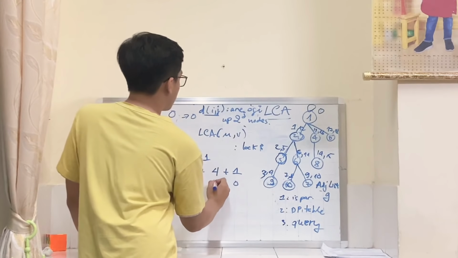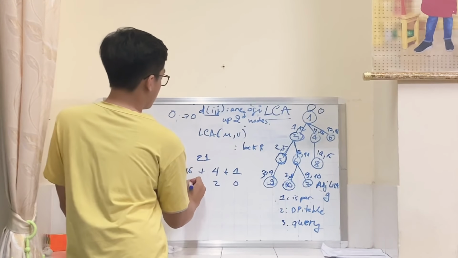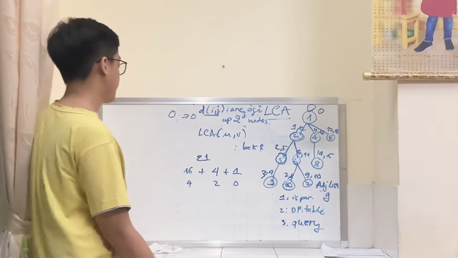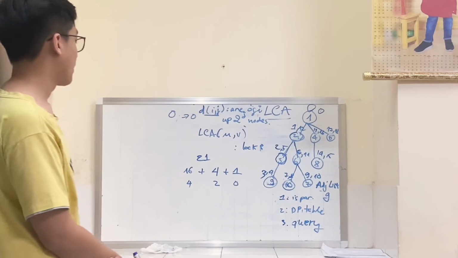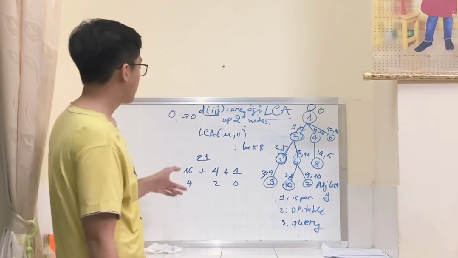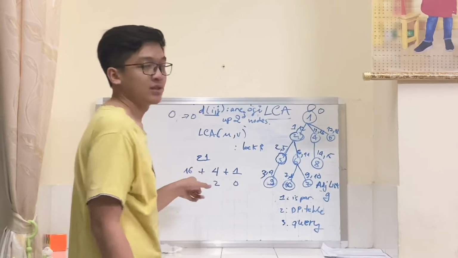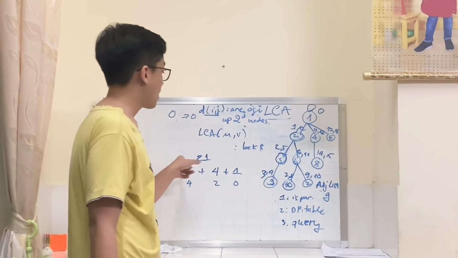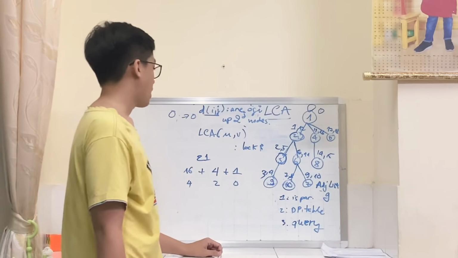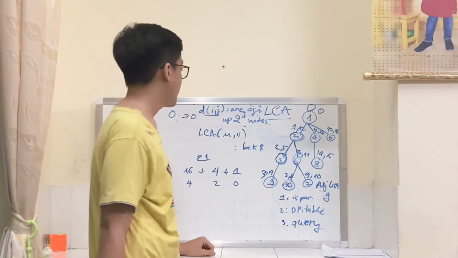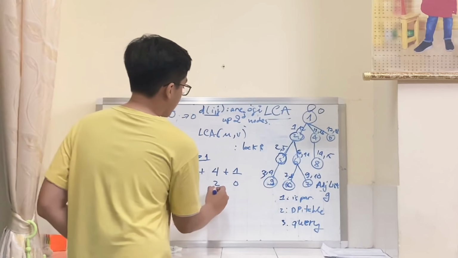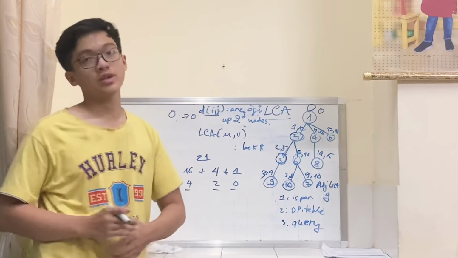That is 0, 2, 4. By traversing from log 2 of n down to 0, you can easily take these numbers and add up to 21.